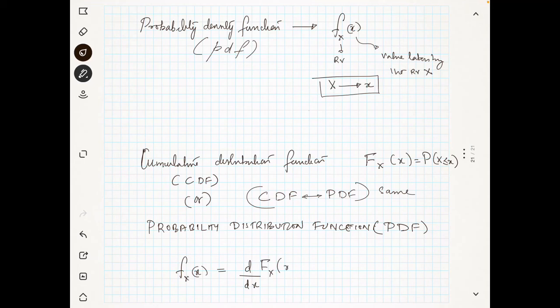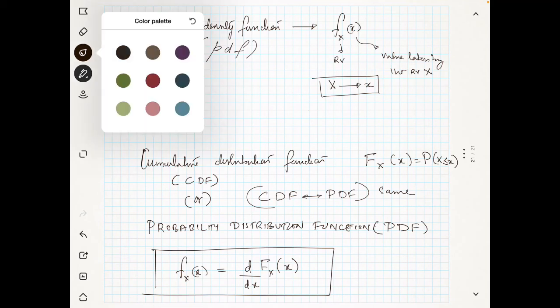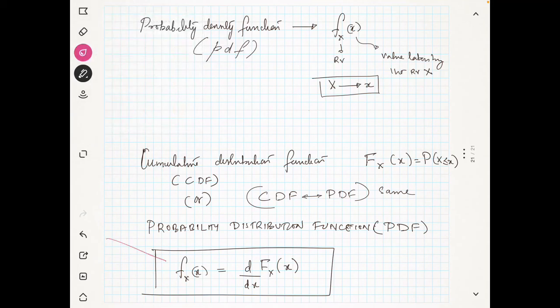This was the relation between these two. We will mainly be focusing on the probability density function. The other one, as I told you, is the capital PDF, or it is also known as CDF. Two names are there, so we will mainly focus on the small pdf.